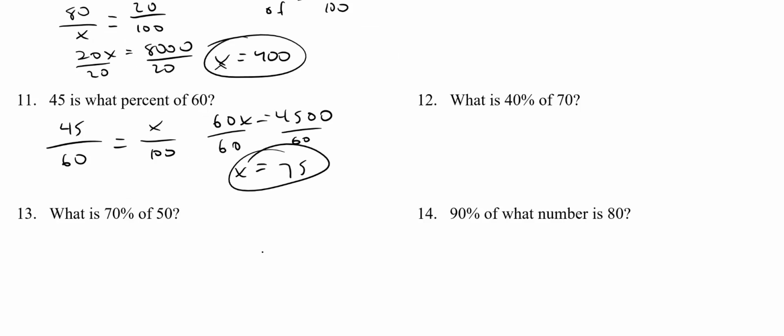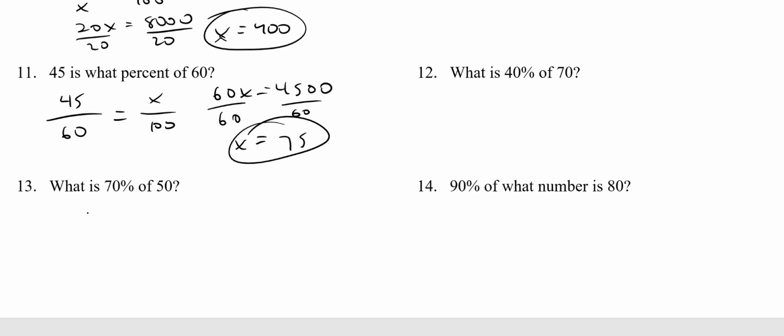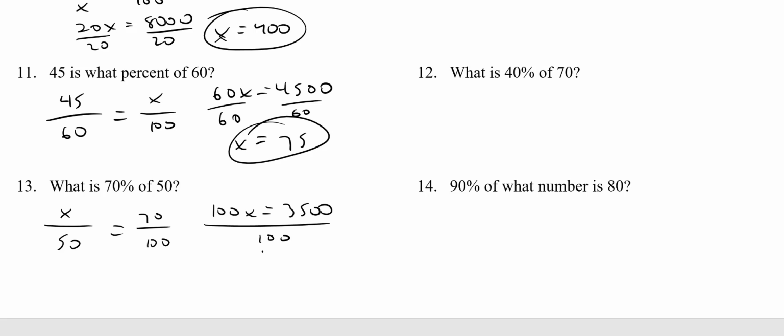And the last one on this left side: what is 70% of 50? Cross multiply. So 100x equals 3,500. Divide by 100. So x is 35. Pretty easy, right?